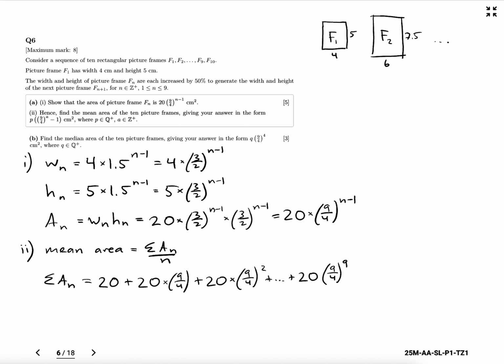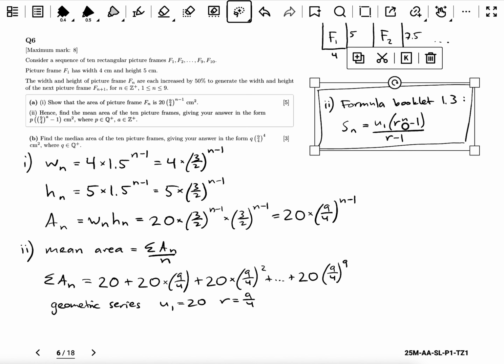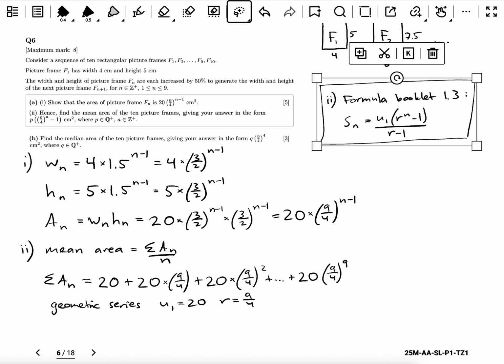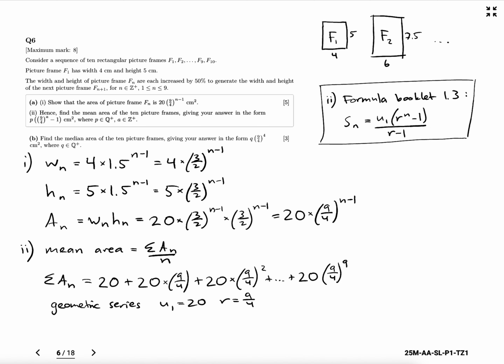And as you can see, this is actually a geometric series. We have the first term equal to 20, and the common ratio is equal to 9 over 4. And you can look in your formula booklet, you can find the formula for the sum of the first n terms of a geometric series is this.